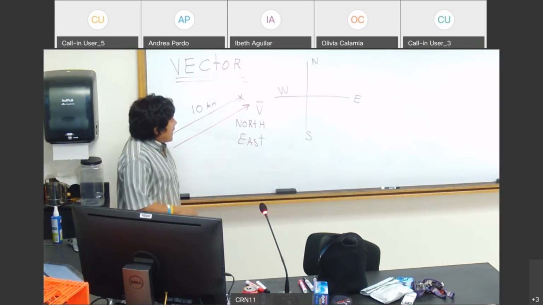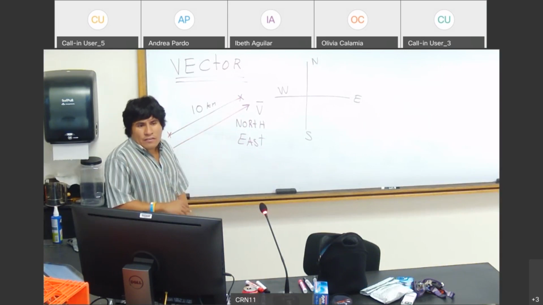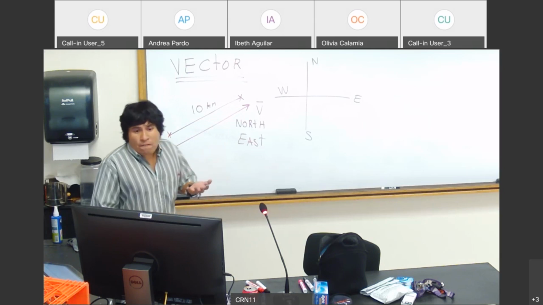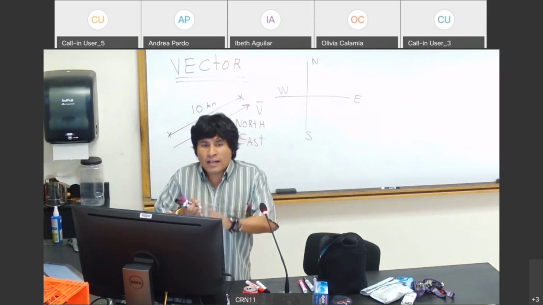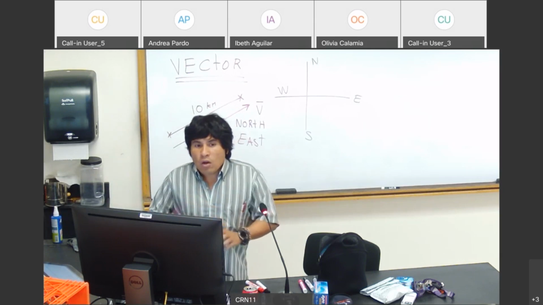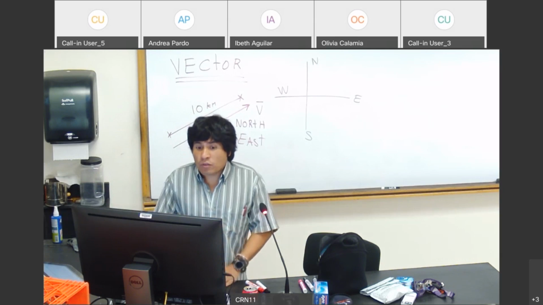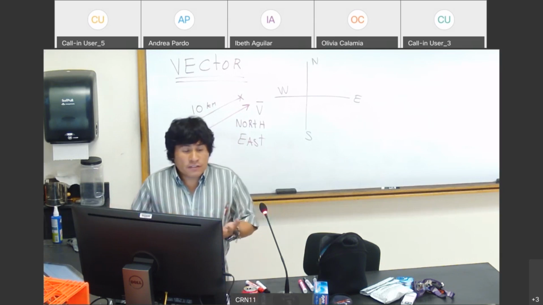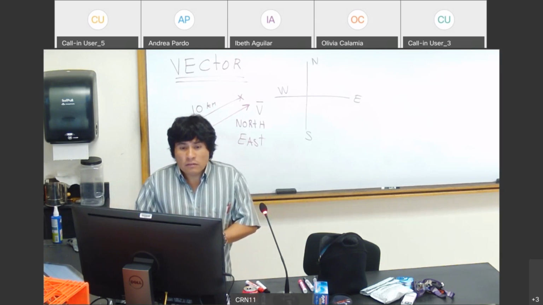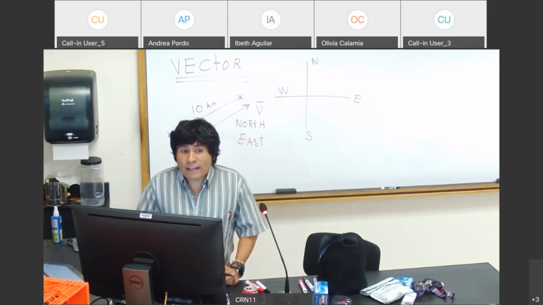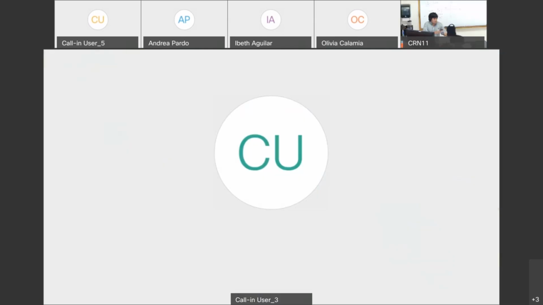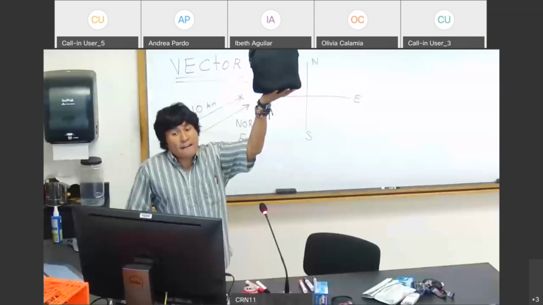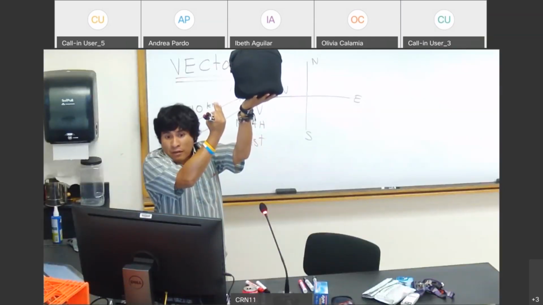Now, what is the relevance of this? A lot of physical quantities in physics are vectors: velocity, force, acceleration, momentum. All of those are vectors. Do we have scalars? Yes. Energy, power. Those are scalars. There is not really a direction. But if I'm lifting this upwards, I'm exerting a force upwards.